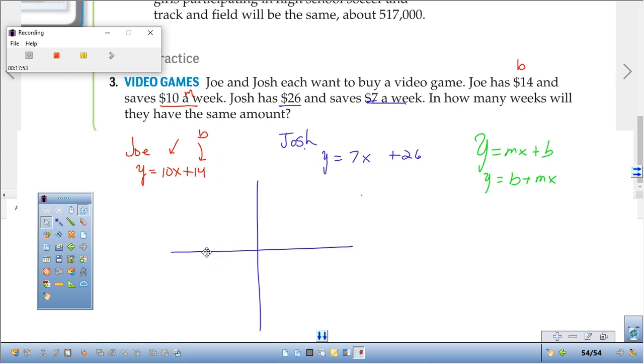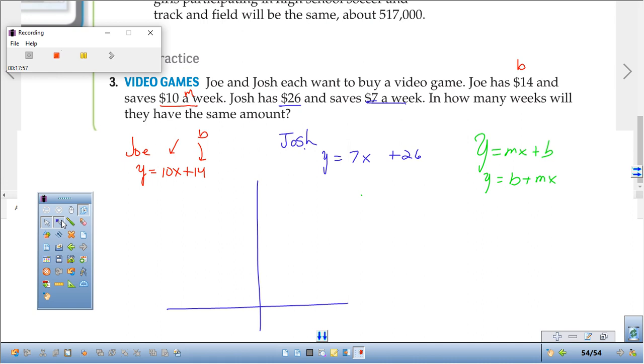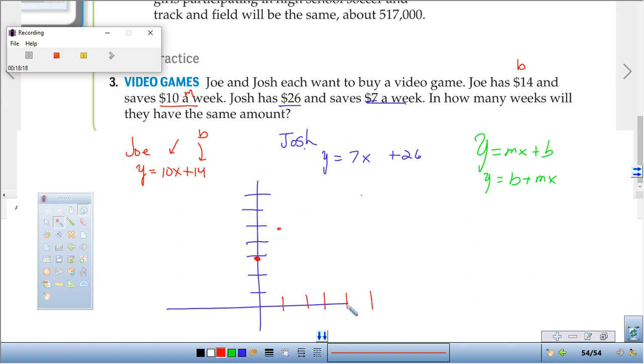And let me move this down a little bit. So I'll count by 5 if you don't mind. 5, 10, 15, 20, 25, 30, 35. Okay, this guy starts off just below 15, and he goes up 10 over 1. Now we'll go 1, 2, 3, 4, 5. Great.